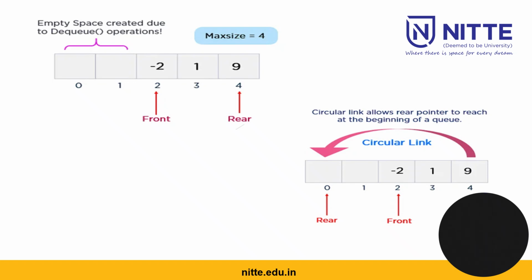Since I connected this to this, I can push the elements at 0 and 1 also. That is why it is a circular queue. So now I can use these spaces which were empty, by connecting the rear back to the front side.